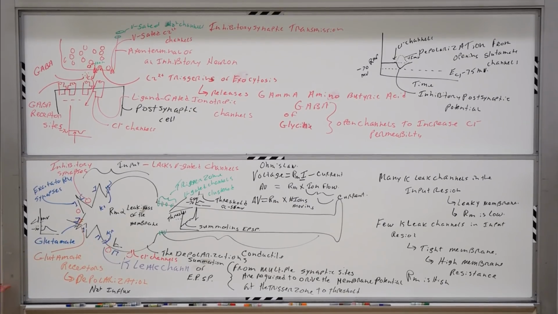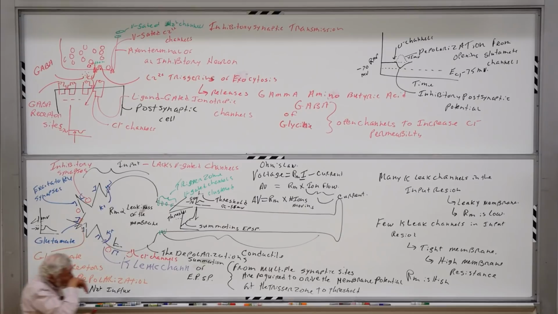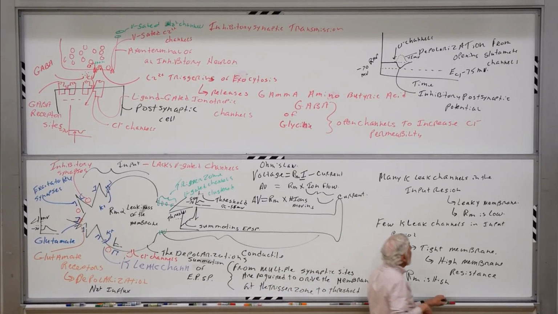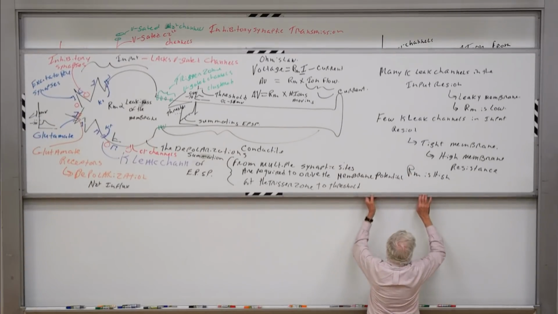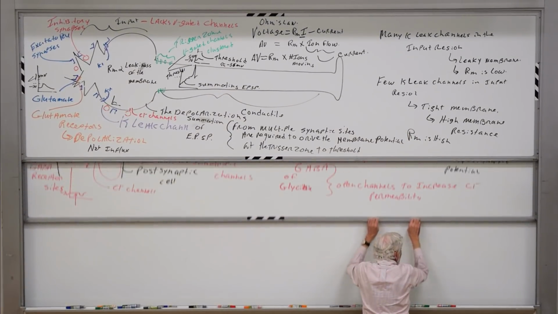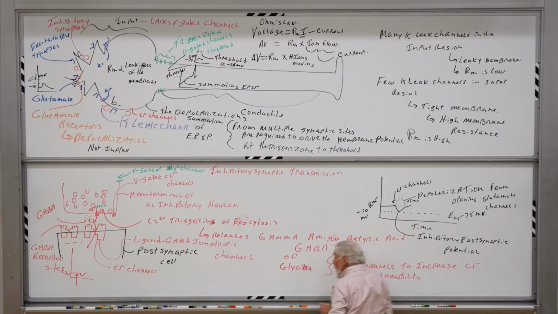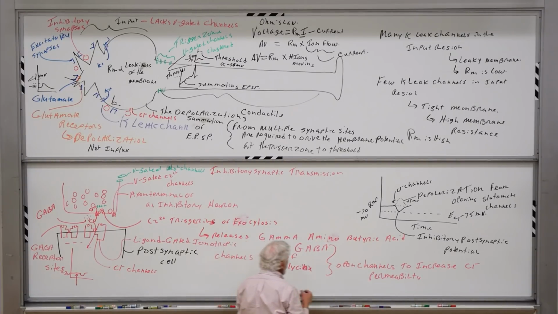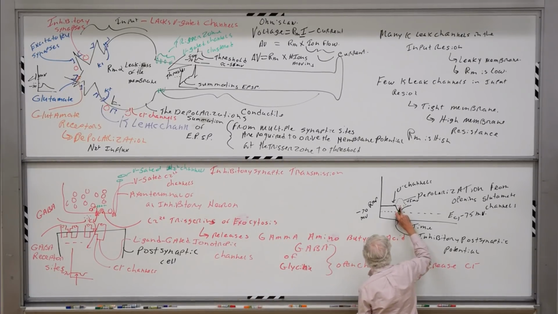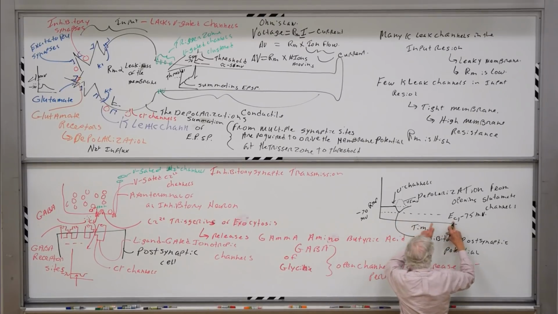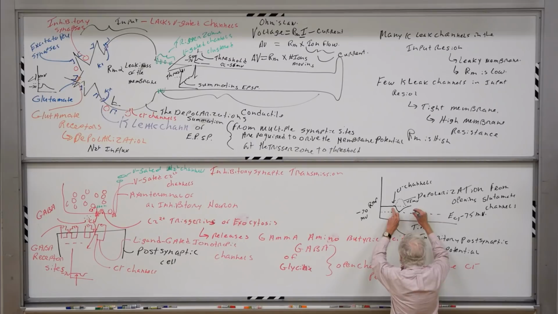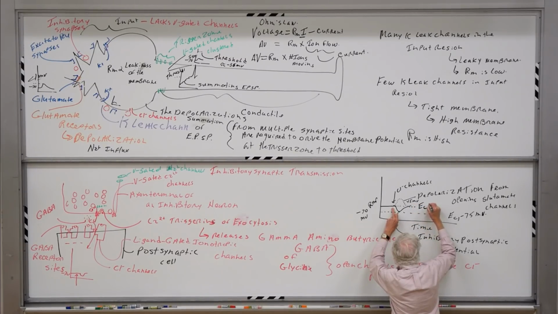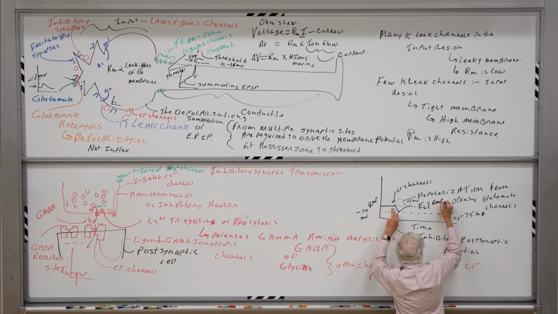Okay. Let's now think about the other possibilities. If we go to the upper panel again, rather than setting the E sub Cl more negative, let's take the other possibility, and we set the E sub Cl equal to the resting membrane potential.